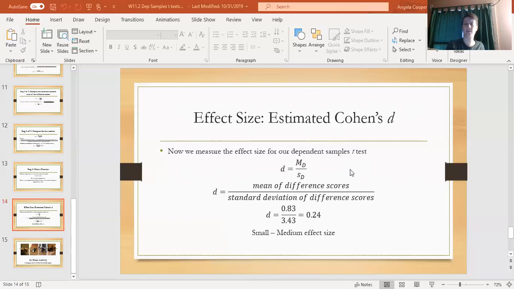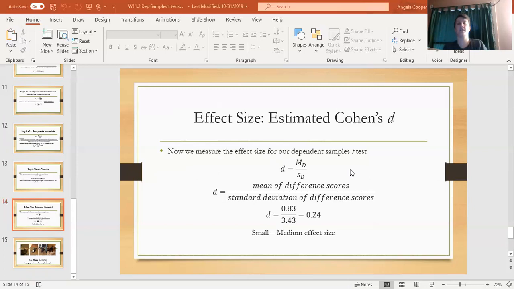So the last thing I wanted to go over in this lecture was the estimated Cohen's d, the effect size. To do this, we already have all the information we need. Usually Cohen's d is easiest once we've already determined if we're going to retain or reject the null hypothesis, because the stuff that we need to calculate Cohen's d, we've already done to calculate the t statistic in the first place.